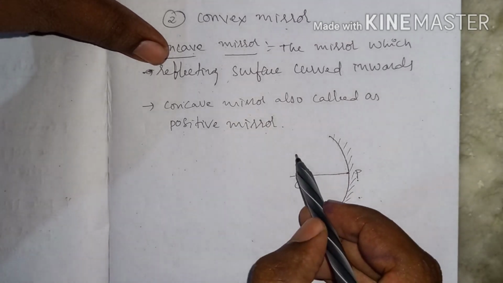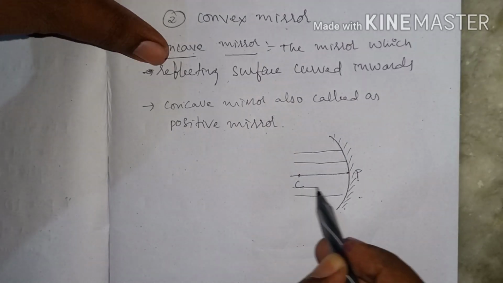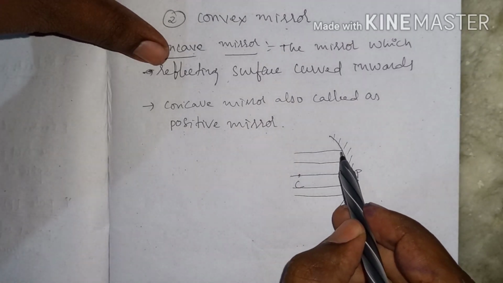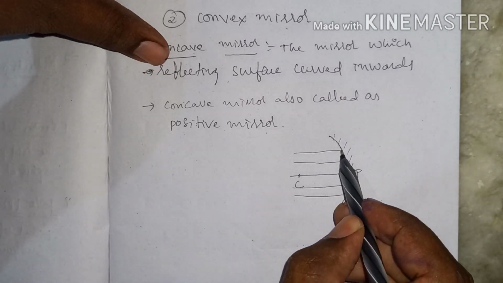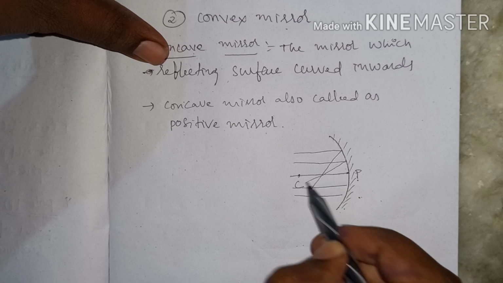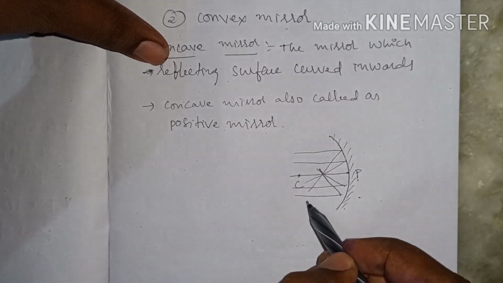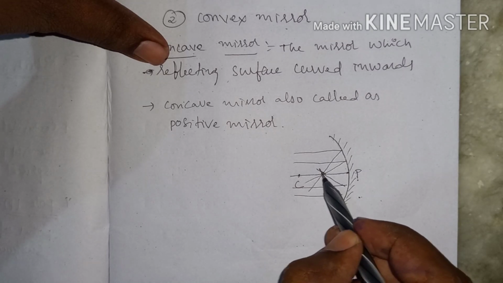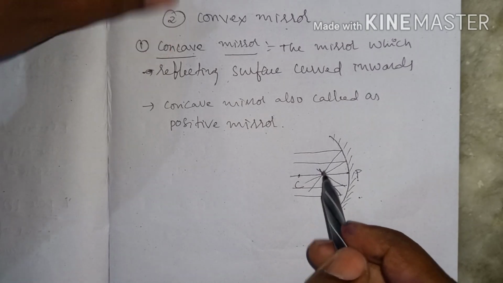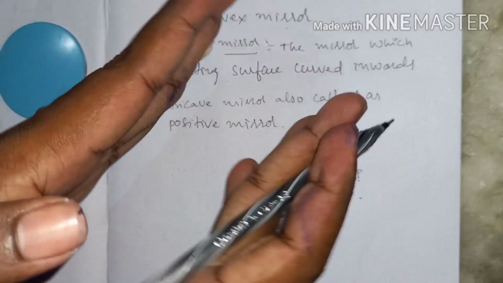Why? When you project light rays here, due to the curved surface, they will reflect like this. All of them will meet at a point. That means all the rays come together, not widening.